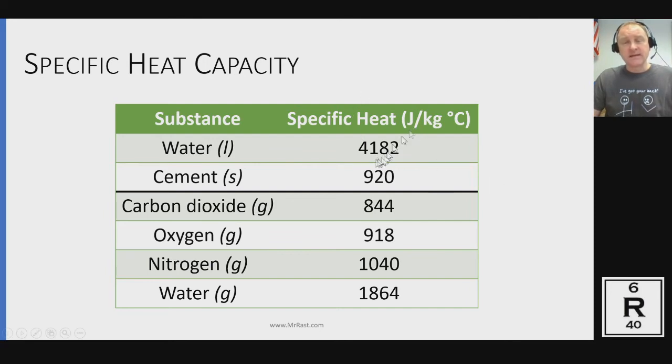What this means is that when water gets 4,000 joules of energy, a kilogram of water will change by a degree Celsius, so it will start to warm up. However, if 4,000 joules hit the cement, it would change a kilogram of cement by 4 degrees Celsius. So because it's got a smaller specific heat, the cement will heat up faster.